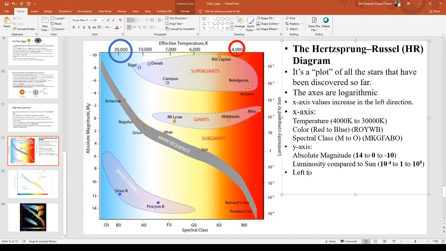So from left to right, what happens? Temperature of star increases. On the Hertzsprung-Russell diagram, from left to right, temperature of star increases.